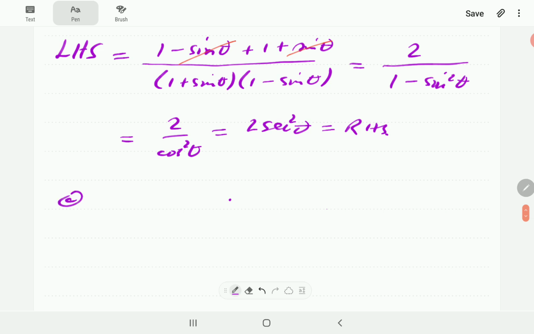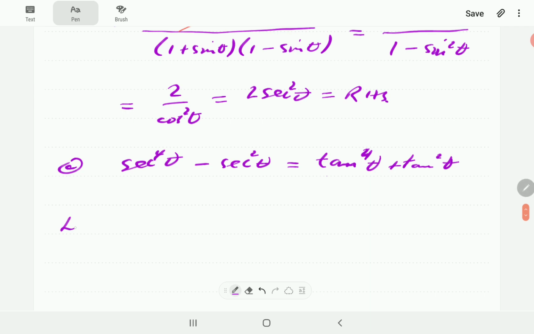See, we have secant to the power 4 theta minus secant squared theta. We are told this is equal to tangent theta to the power 4 plus tangent theta squared.